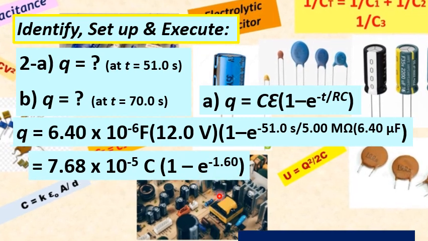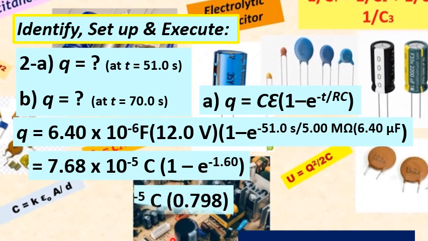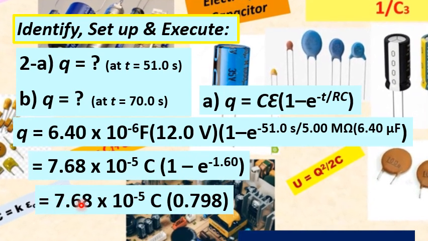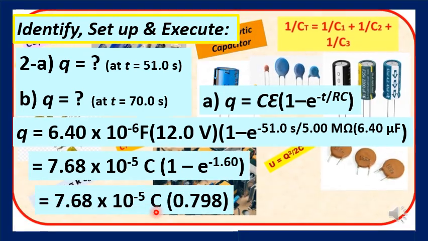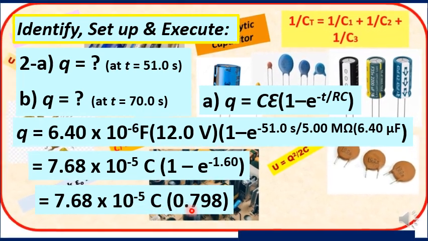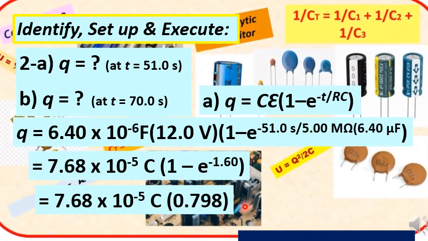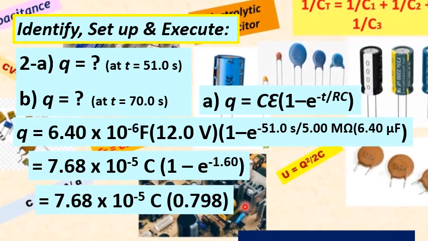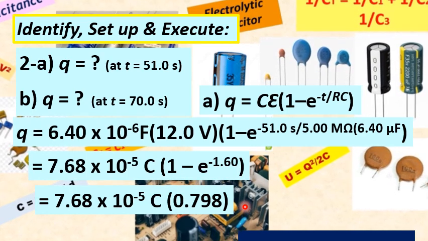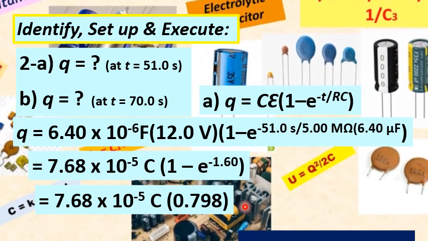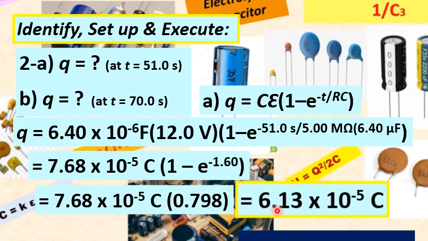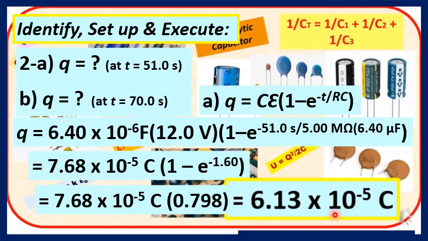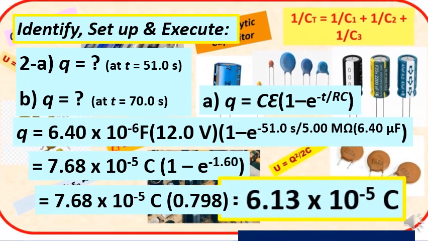And further simplification, small q now becomes 7.68 times 10 to the negative 5 coulomb times 0.798. And so, our final computed value for q in question letter A is 6.13 times 10 to the negative 5 coulomb in 3 significant figures.